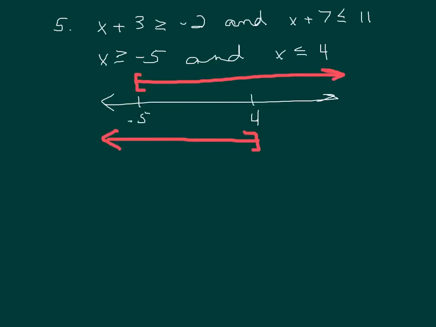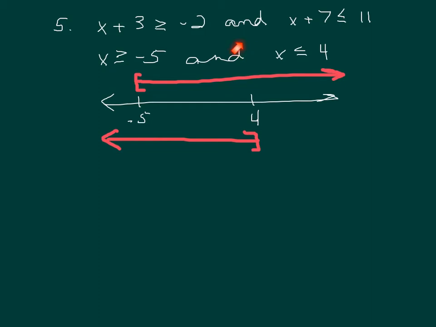In this problem, you got this far. You started with x plus 3 is greater than or equal to negative 2 and x plus 7 is less than or equal to 7. And you simplified that, you plotted it correctly so that x is greater than or equal to negative 5 looks like that, and x is less than or equal to 4 looks like this.